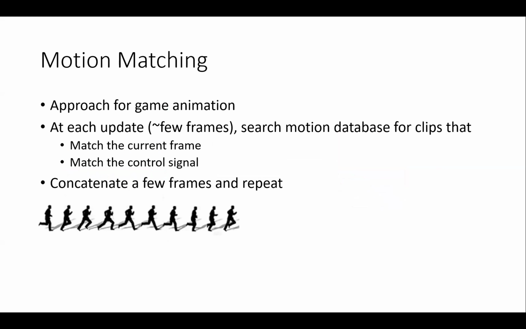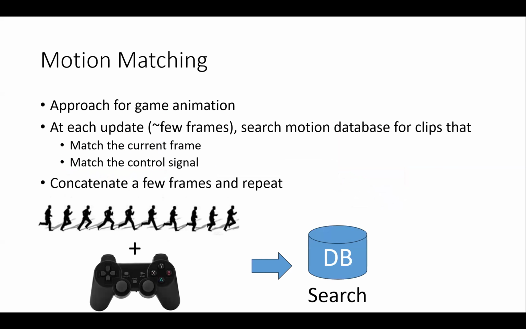If you're not familiar with motion matching, the idea basically is that you take some sequence of motion, you take some control input, and you use that as a query into a database to find the next sequence of motion that matches the control and matches your current pose. So you get continuous motion that reacts to the control input that you're getting. So you use this kind of lookup technique for querying motion. And because you're using little snippets of motion, you're going to get something that's reasonably high quality.